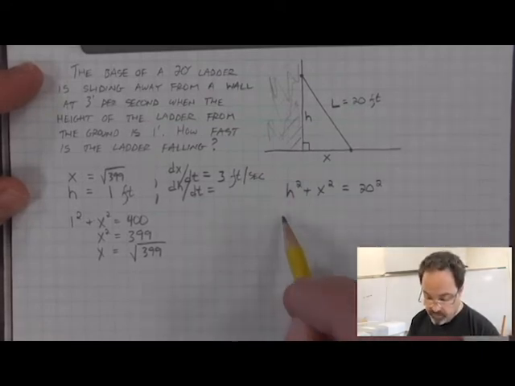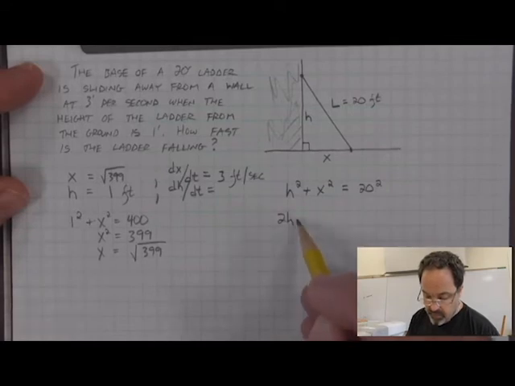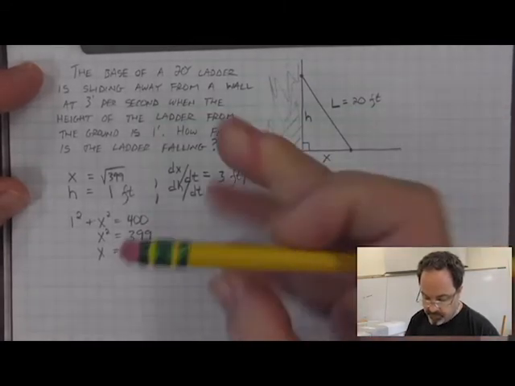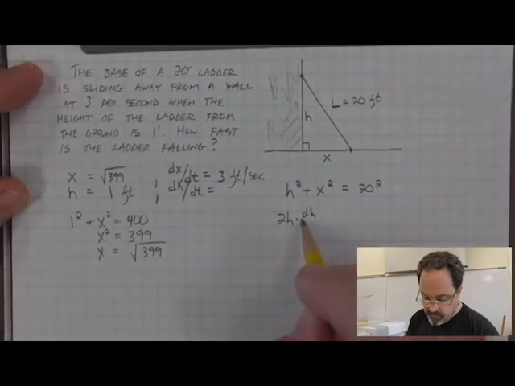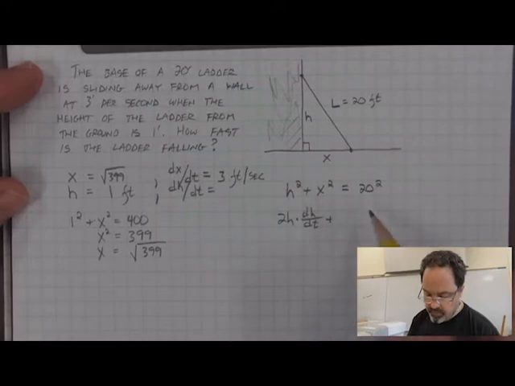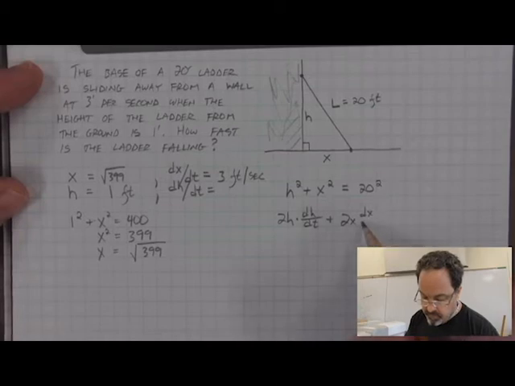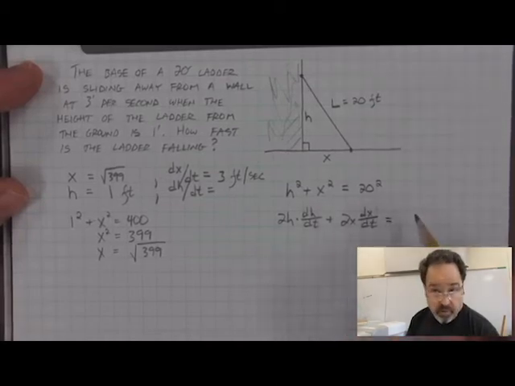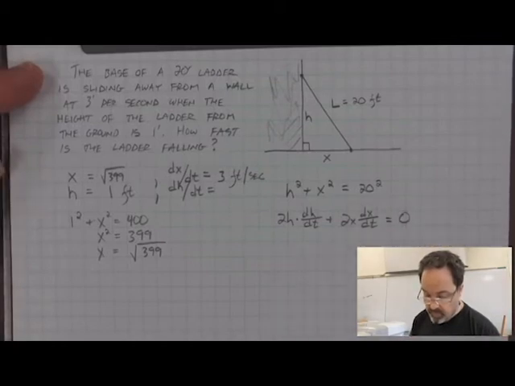Taking the derivative of h squared, I get 2h, and then treating h as a function of time, I will multiply by the derivative of h with respects to time. Continuing on, the derivative of x squared is 2x, chain rule, times the derivative of x with respects to time is equal to the derivative of a constant is 0.